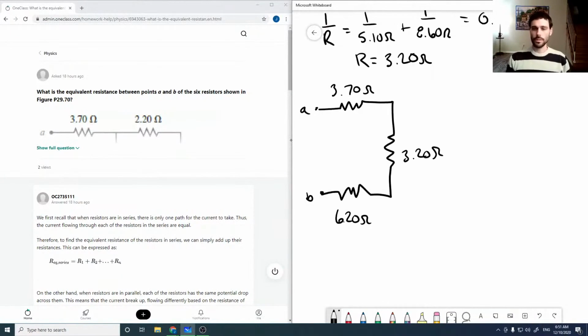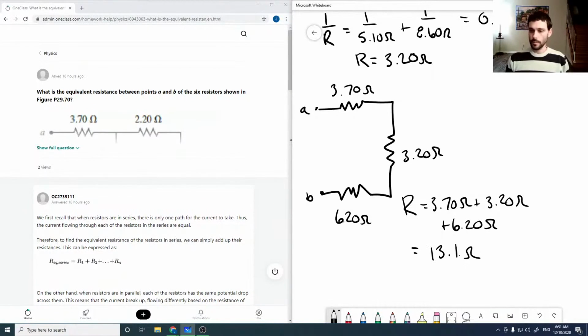And now we just have 3 resistors in series, so our R is just 3.70 plus 3.20 plus 6.20, which comes out to be 13.1 ohms. 13.10, I guess, in retrospect. There we go. So 13.10 ohms. So there's our total resistance between points A and B.